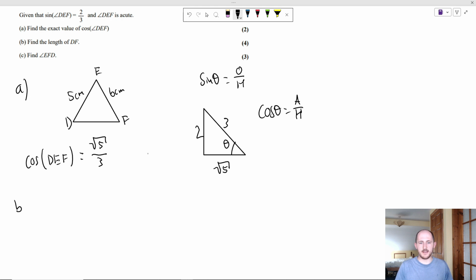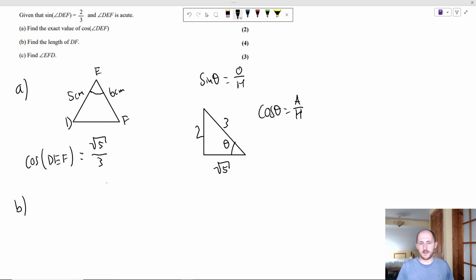For part B, it then says, find the length of DF. Now, that's this side here. We actually know what that angle is now, because we already know that cos of it is root 5 over 3 from here.